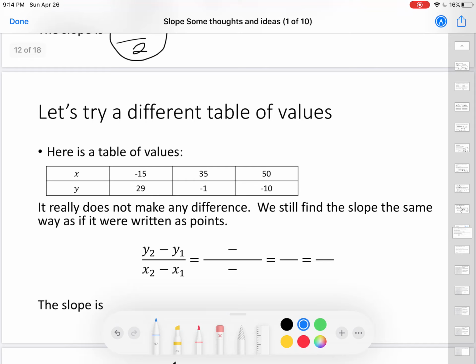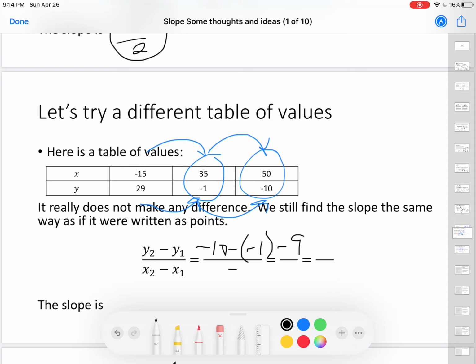Here's a different set of values. Notice, these are going up. These are going down. That means that we are going to get a negative slope. All right, let's see what happens. I'll use this point and this point, just to be different. Okay, the y values. Negative 10 minus 1, minus negative 1. That's negative 9.